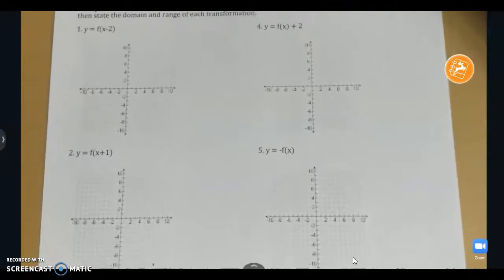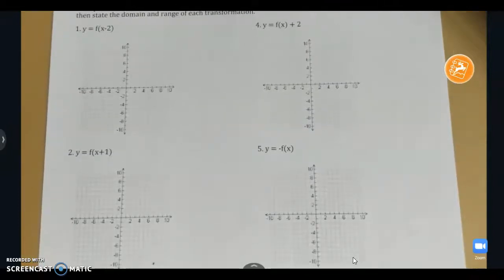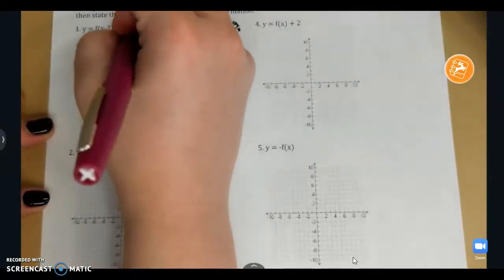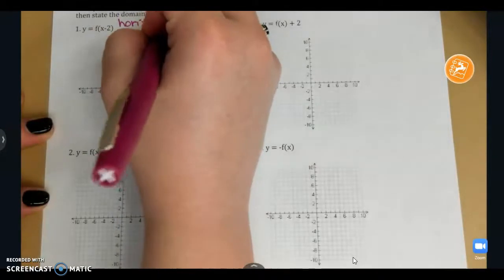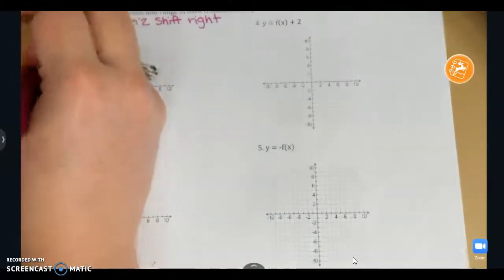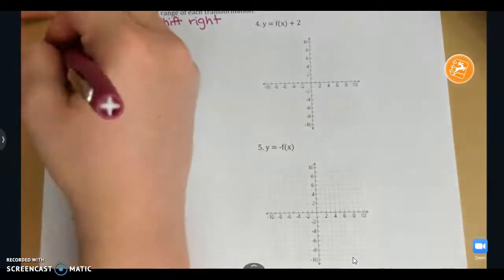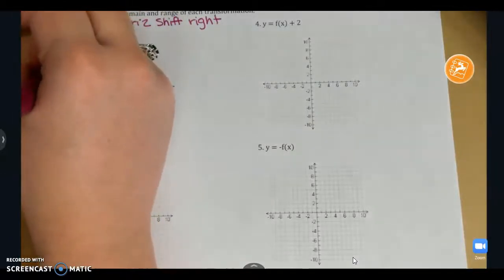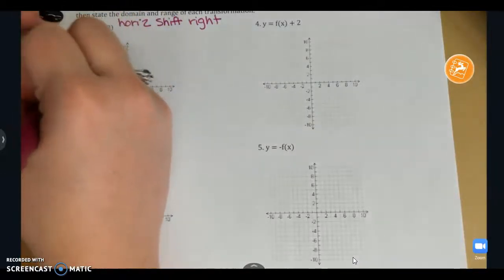Starting here on number 1, I have f(x - 2), and that is going to be a horizontal shift to the right 2 units. Over here, I'm just going to write one more time the points from my parent function for reference.